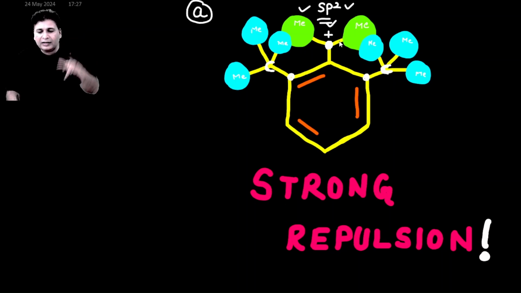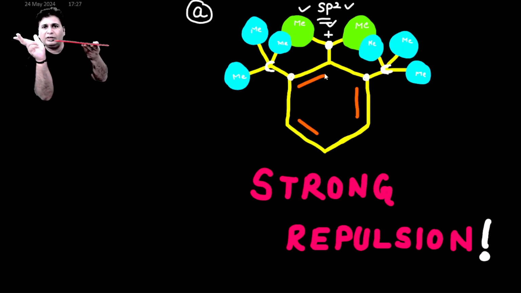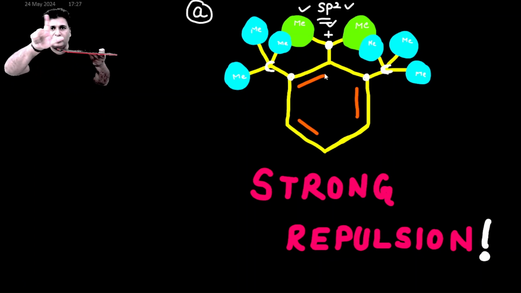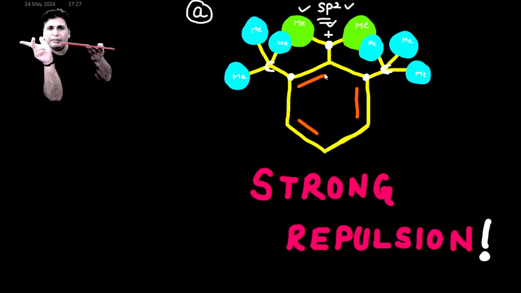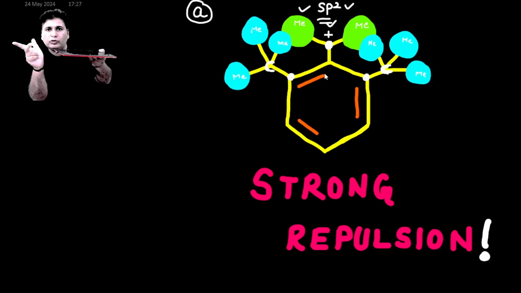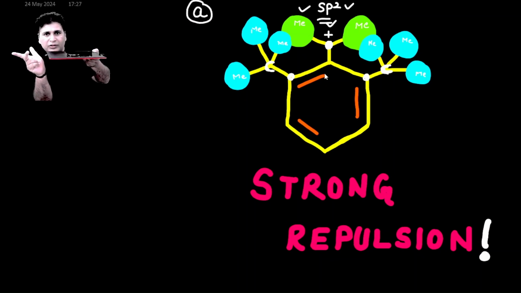Once it's flat, it tries to remain in the plane of the benzene ring. So this is a benzene ring, and this is a carbocation. It has 3 valencies and it is a flat particle, and it tries to remain parallel to the benzene ring, in the same plane, coplanar with the benzene ring.